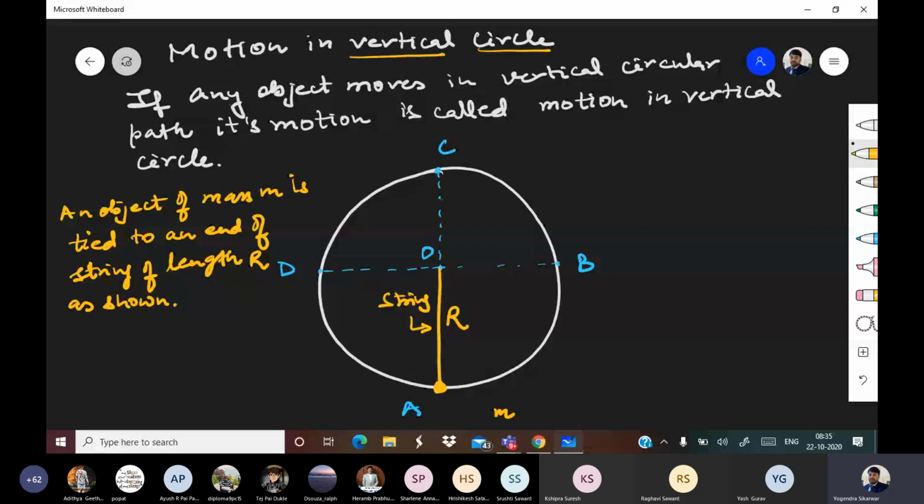Okay. So basically initially the object is hanging, and we need to give it a certain velocity such that it is able to complete the vertical circle.